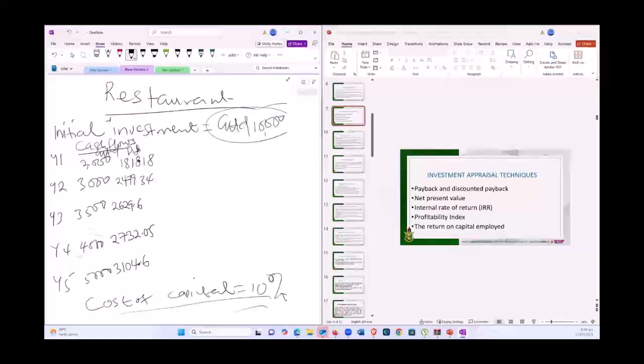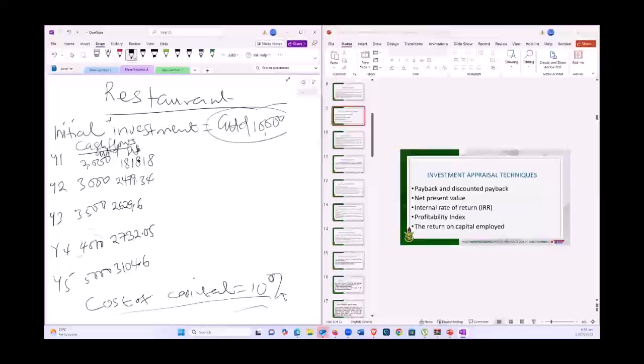The next step is to add the present values, because when you discount, you get the present values, to obtain the total present value. Then subtract the initial investment from the total present value to obtain your net present value.